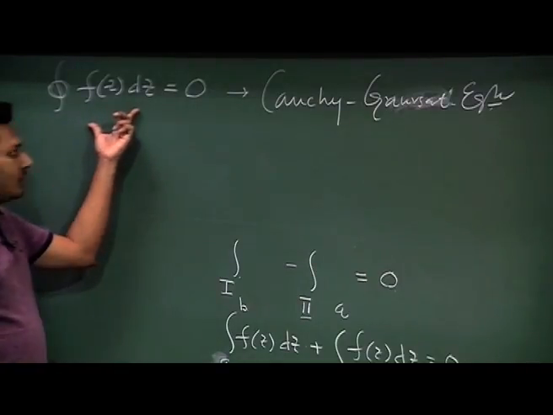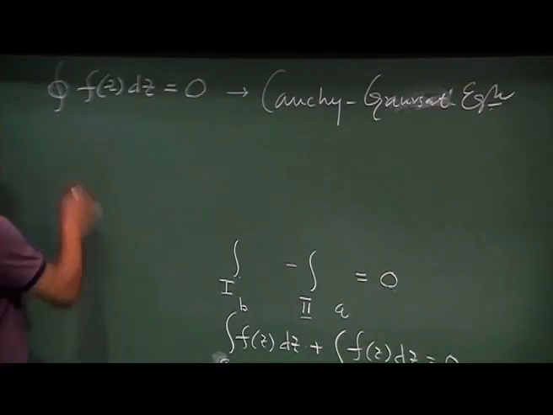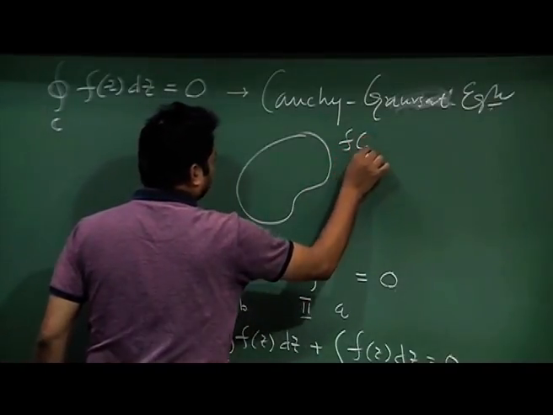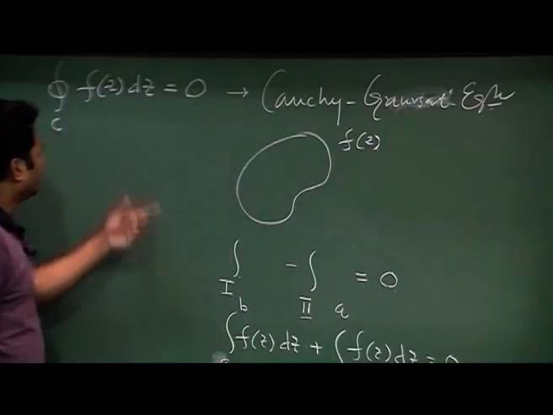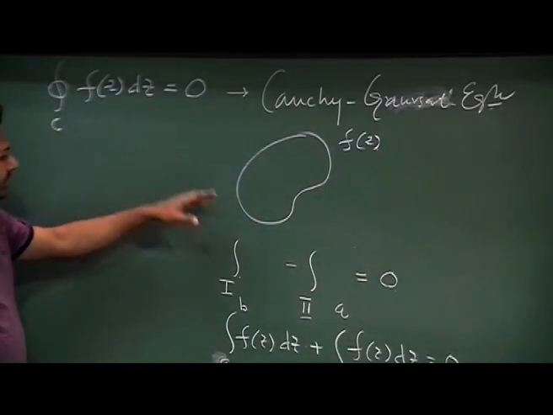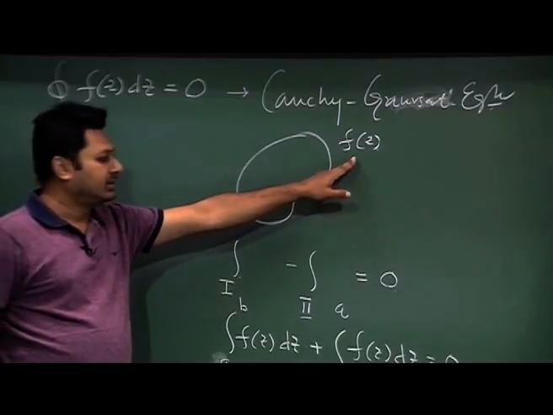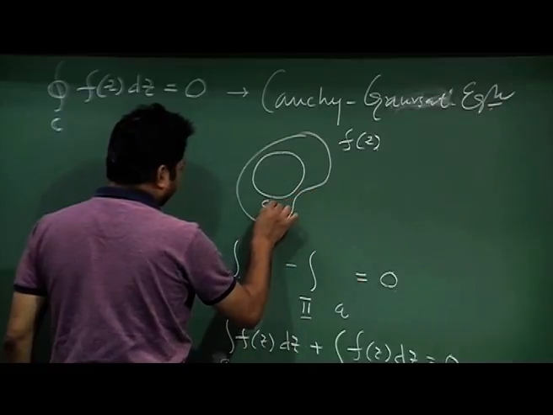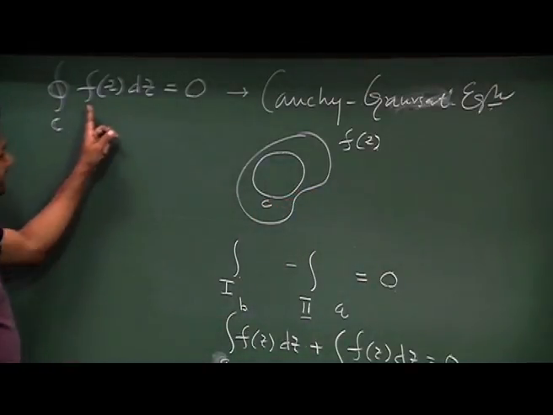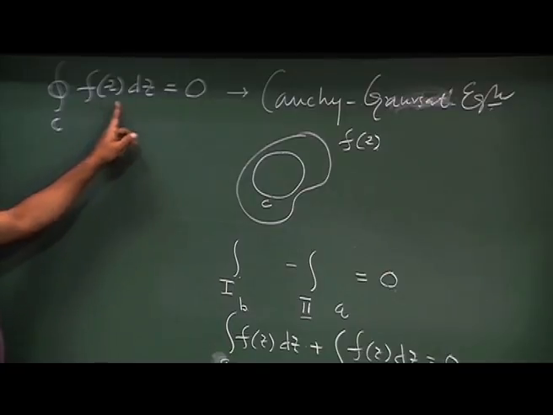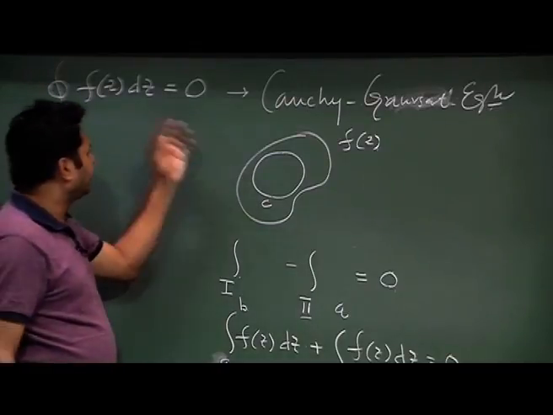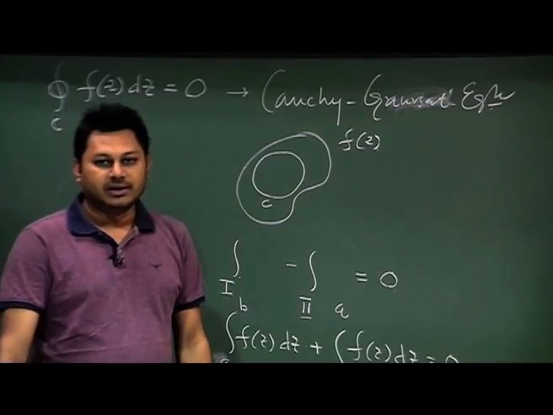This particular integral form holds if f(z) is analytic over some region, say this is the region where f(z) is analytic. Let me describe the meaning of this equation. This is the region where f(z) is analytic, and if I have a closed loop C here, and I want to integrate f(z) dz over this closed loop, I will get the value 0. This is because f(z), whatever function I am talking about, is an analytic function.